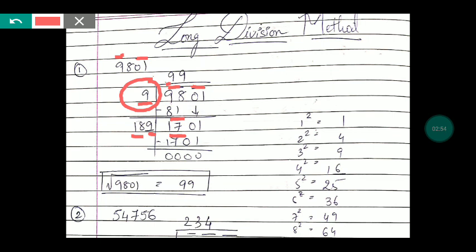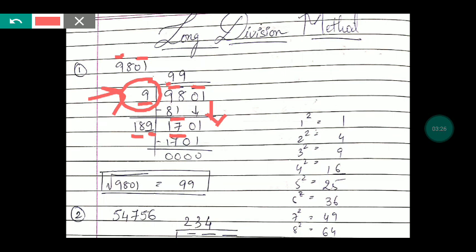That new number you have to put just the way you did in the previous one. So here 17 cannot be divided by 18, so you bring the second group down. Group means both the digits will come down. So it becomes 1701.